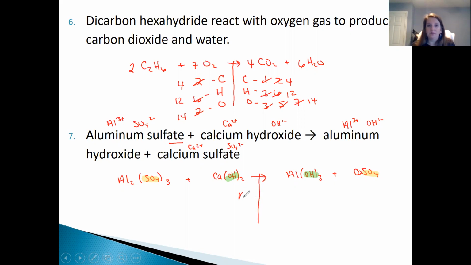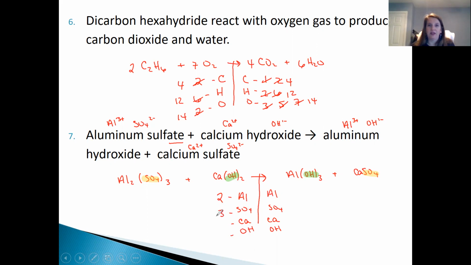So I've got aluminum, I have sulfate, I have calcium, and I have hydroxide. Same thing over here. I've got aluminum, sulfate, calcium, and hydroxide.